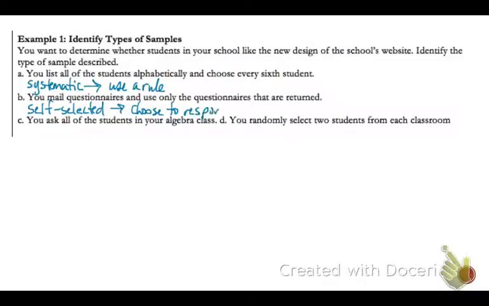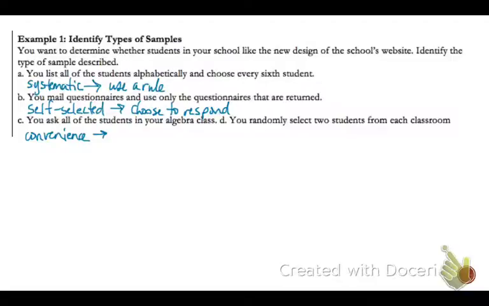And then finally, you ask all of the students in your algebra class. And we have D there as well. So let's just stop. All the students in your algebra class. I would say, a convenience sample. And then finally, you randomly select 2 students from each classroom.